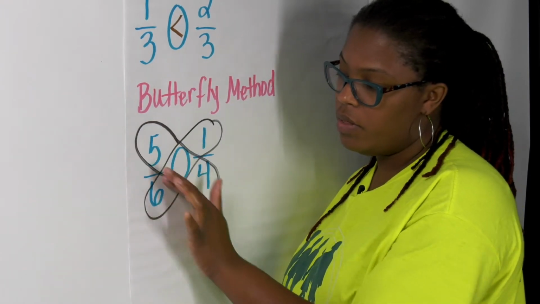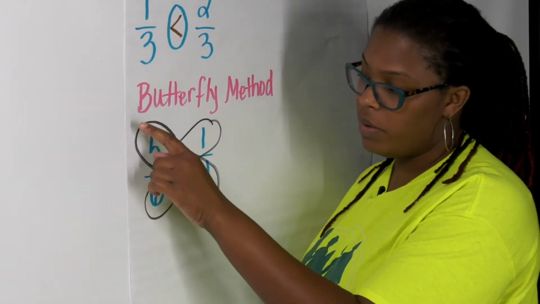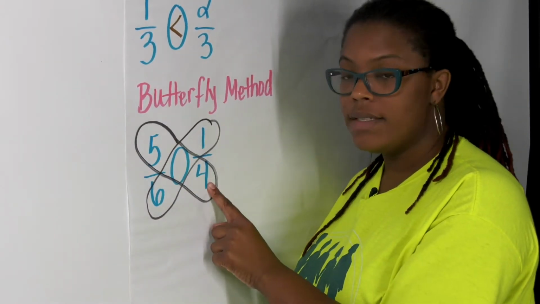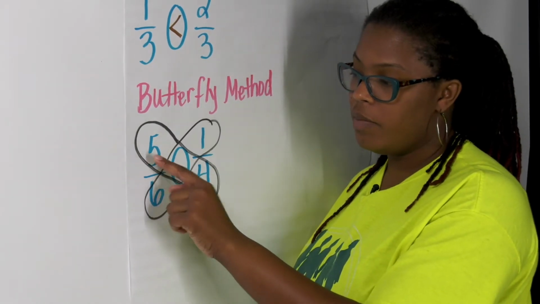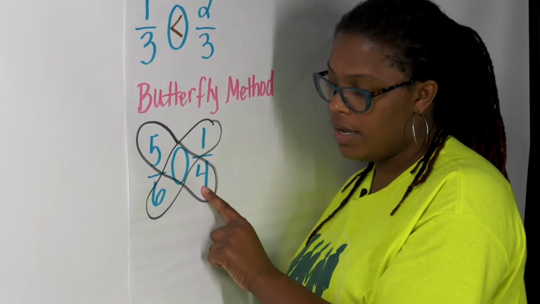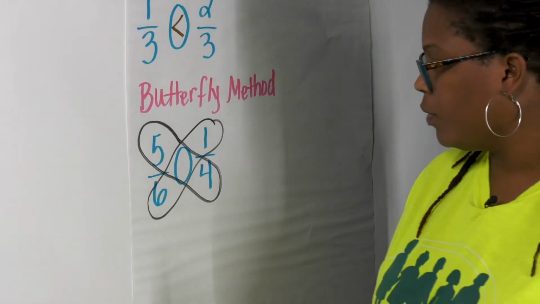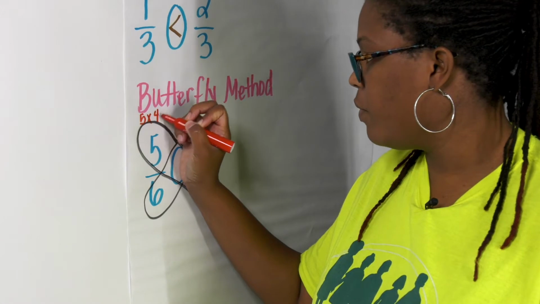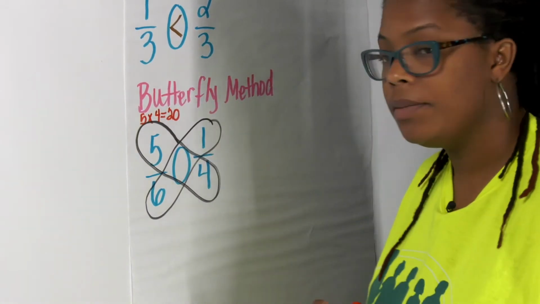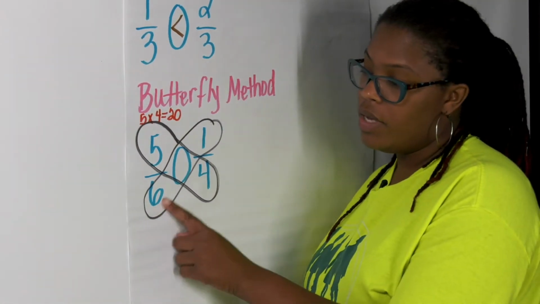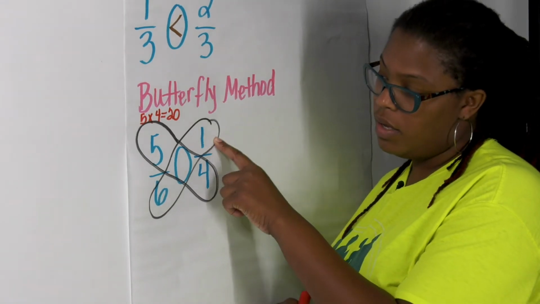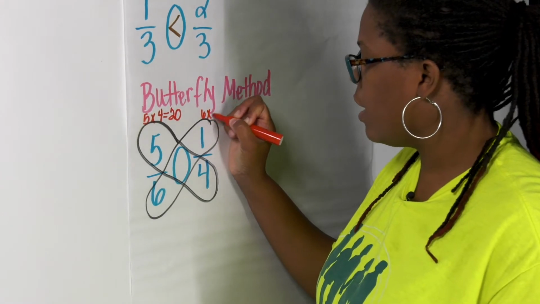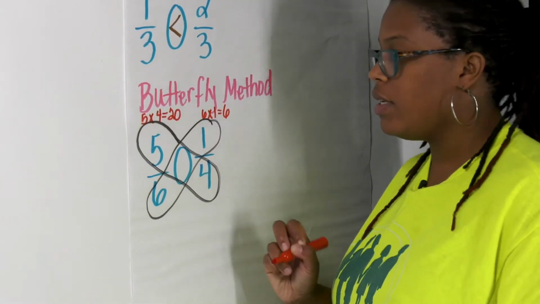So this wing here, because remember we read from left to right, we're going to take these two numbers in this wing and multiply them. 5 times 4, which is 20. This wing, we're going to do the same thing. 1 times 6, or 6 times 1, which is 6.